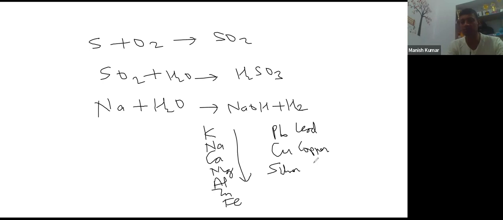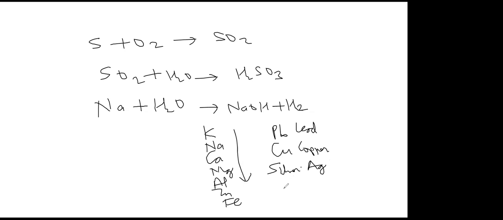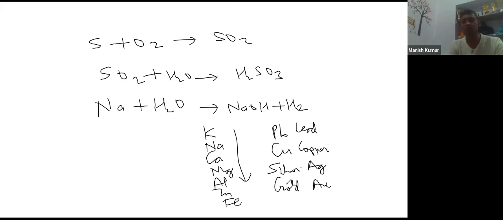What is the symbol for silver? Ag. And for gold, Au. This much only you have to remember. Potassium, sodium, calcium, magnesium, aluminium, zinc, iron, lead, copper, then silver and gold.